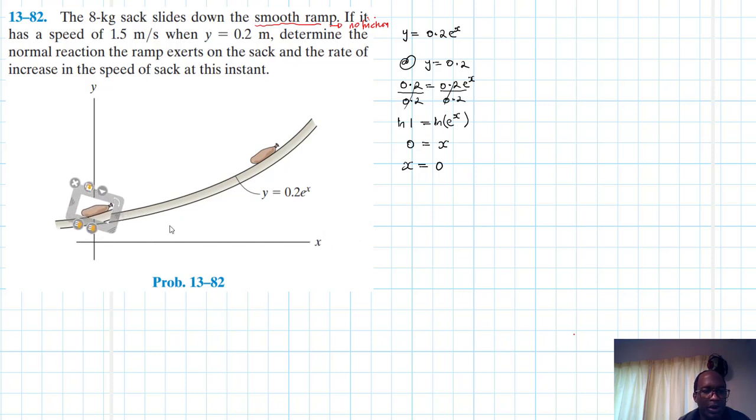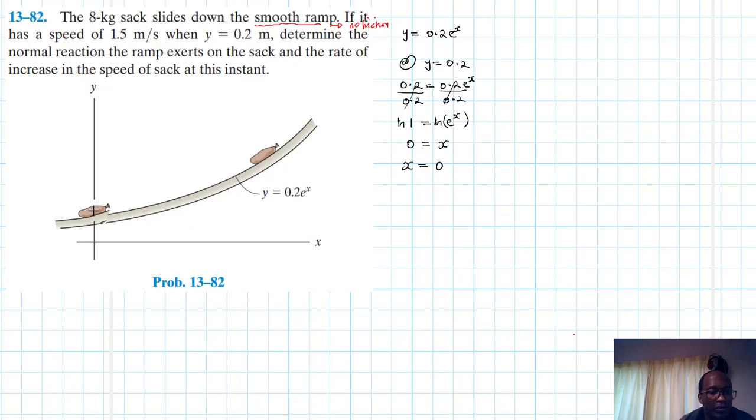This is the point where we have x equal to 0, somewhere there. Okay, so that is where it is going to be. So let's draw the free body diagram.